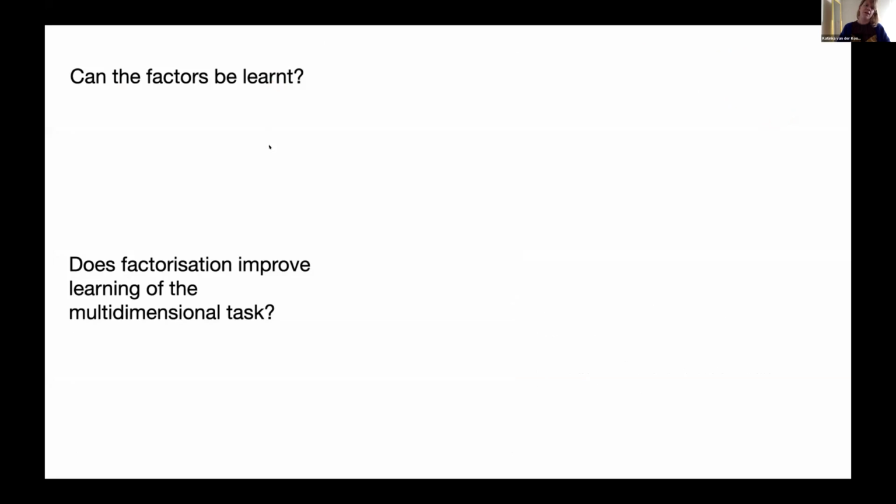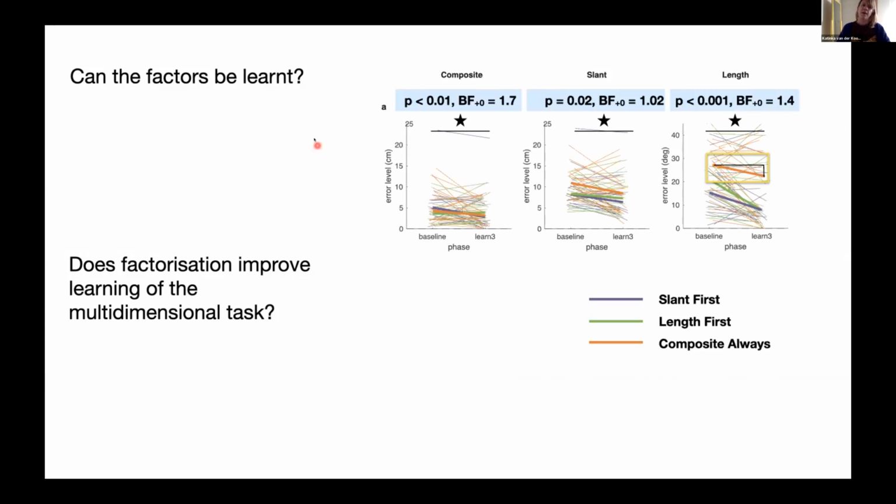Before we say anything about factorization, of course we want to know, can the factors be learned? I'll walk you through these graphs one by one. On the left, we have the composite, so the multi-dimensional task. What you see in thick lines is the group medians going from baseline to the third learning phase.